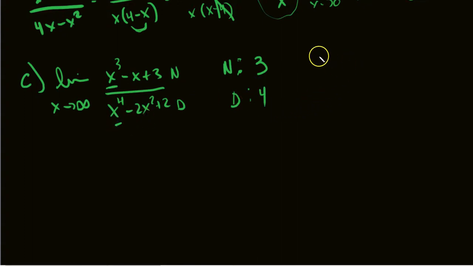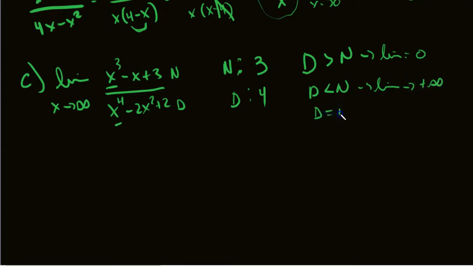The rules are that if the denominator's exponent is greater than the numerator's exponent, the limit is equal to 0. If d is less than n, then the limit is infinity.